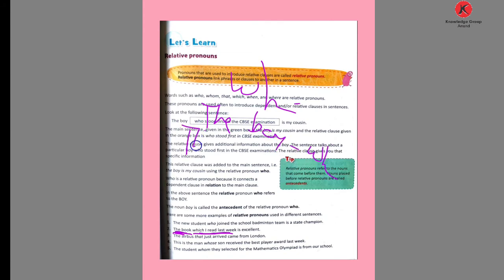If you say the bus, then you use a WH word showing the relation. If you say the man, then you use the WH word: the man whose son received the best player award last week. That is how you use it. The student whom they selected for the mathematics Olympiad is from our school. This is how we use the relation.